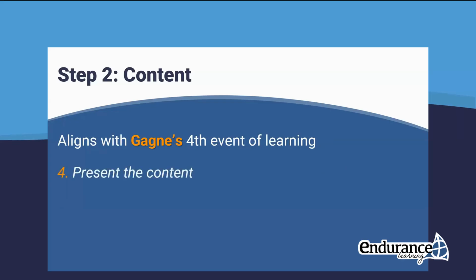If you take a look inside the training activity cookbook, there are lots of other ways to deliver content, but even here, sometimes we just have to share information. Sharing information using lecture or PowerPoint in and of itself isn't bad. It's when that's the only thing you do that we start to find problems. We see less engagement, and we certainly see less ability for people to remember and then apply it after we're done, no matter how important our information is. This aligns with Gagne's fourth event of learning, which is present the content.